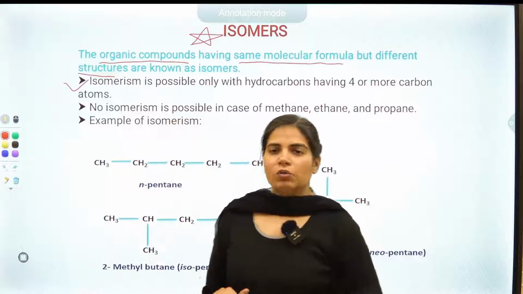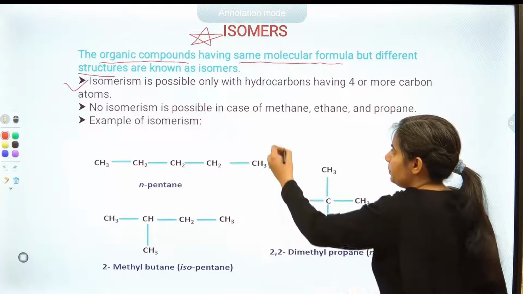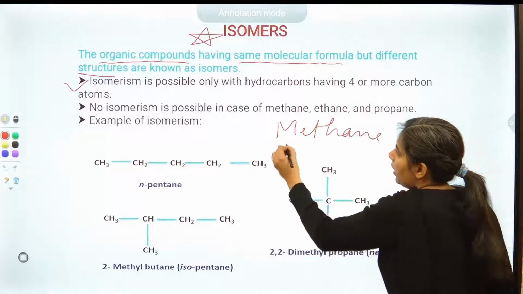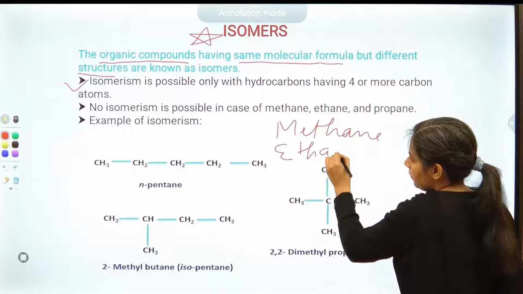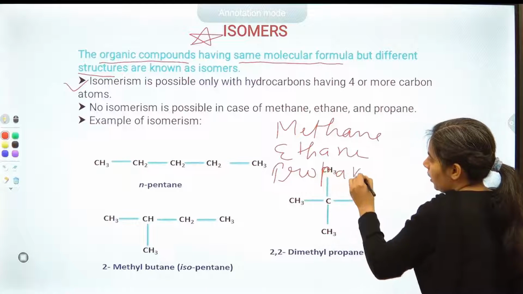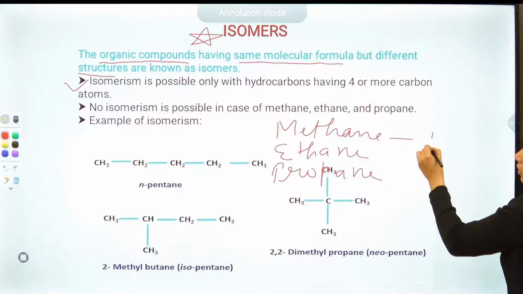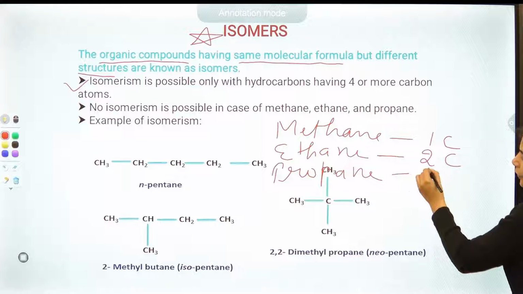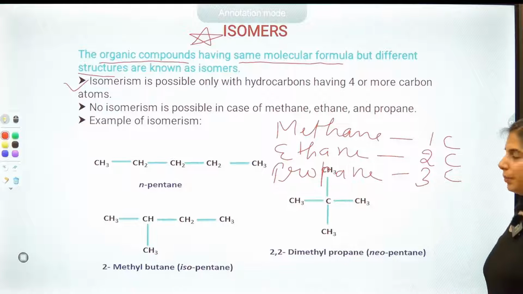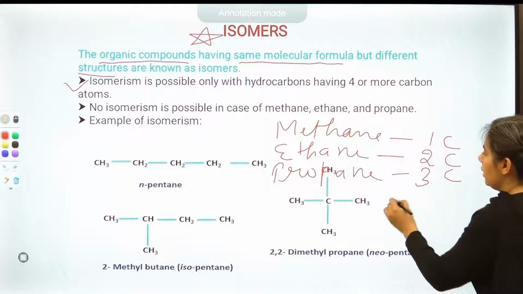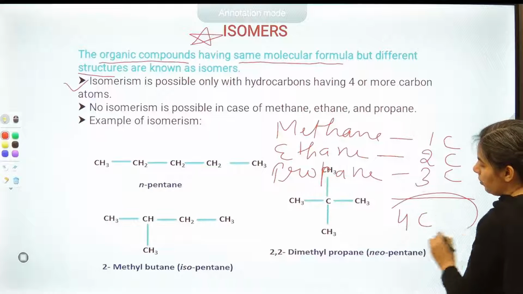And if I talk about the molecules, say methane, ethane and propane, methane contain 1 carbon, ethane contain 2 carbons and propane contain 3 carbons. In these 3 molecules we are having less than 4 carbon.